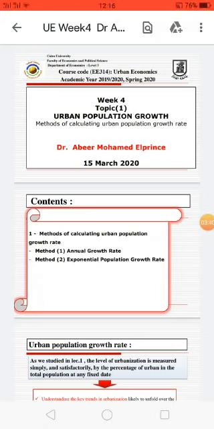Today is the last lecture about topic 1, which is urban population growth. We determined how to calculate urbanization degree, what the factors are that can change the urbanization degree, and today we will finish this topic by calculating the growth rate of urban population. We have two methods, method 1 and method 2.